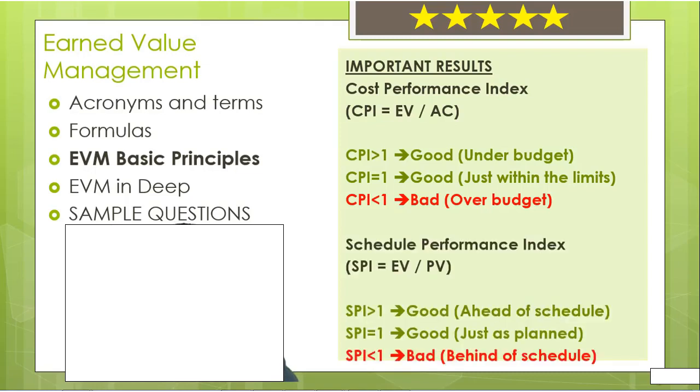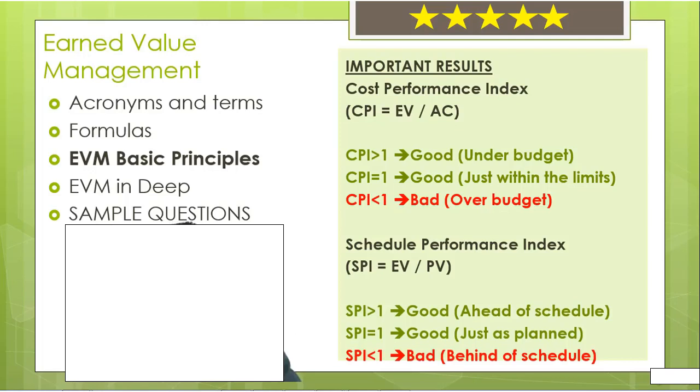Schedule Performance Index. Schedule Performance Index formula is earned value divided by planned value. Schedule Performance Index and schedule variance indicate similar things. They both tell us if we are ahead or behind the schedule. But schedule variance result is in dollars, yet schedule performance index result is in percentage.